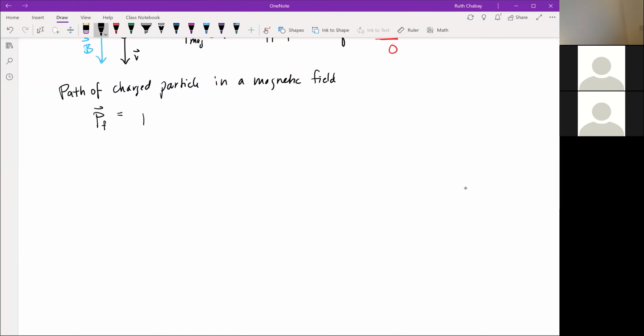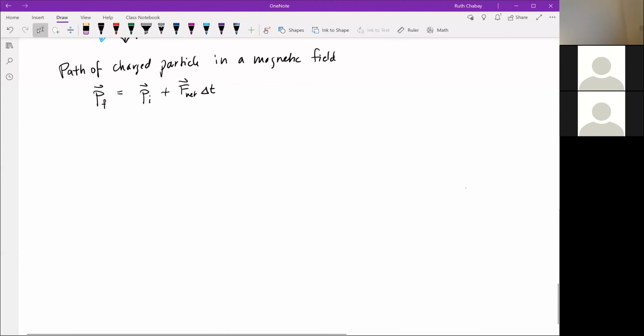P in the future is the initial momentum plus F net delta T over some small time step delta T. So let's consider a proton, say, that starts out initially with a velocity in the y direction, in a region where there's a uniform magnetic field out of the page, so in the plus z direction.